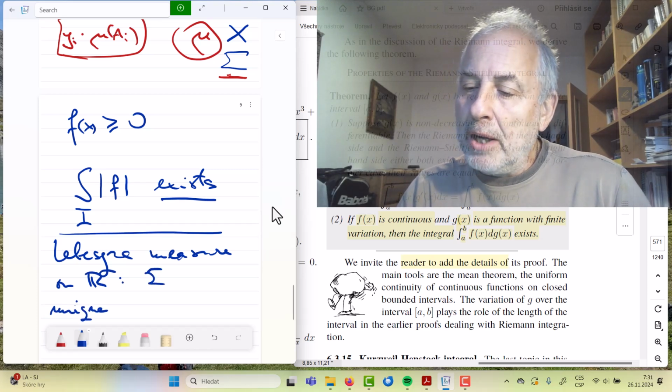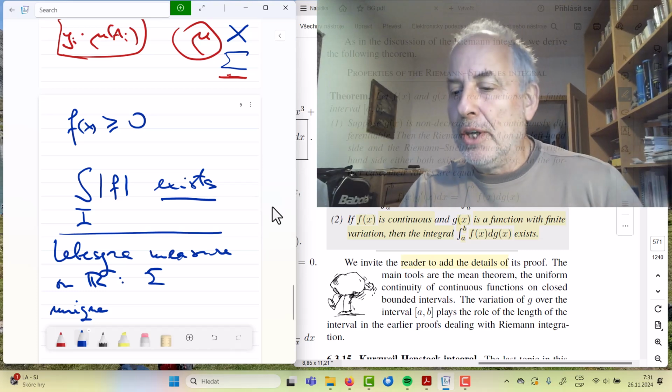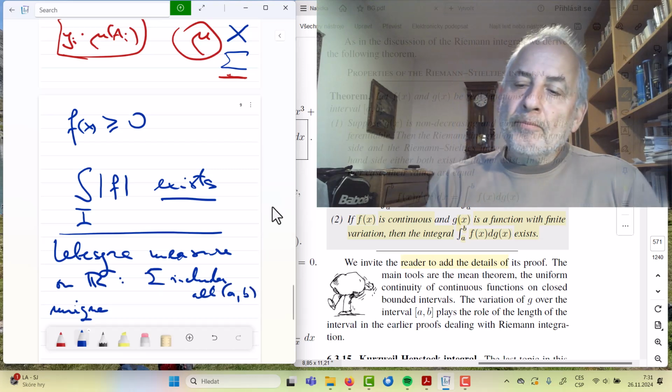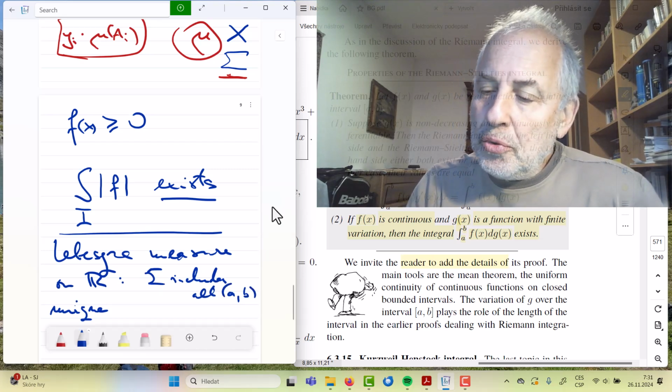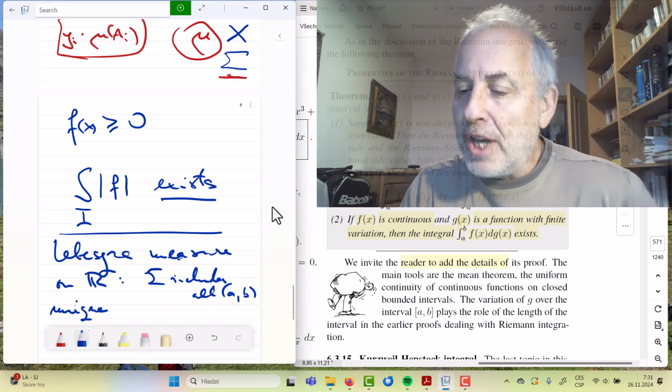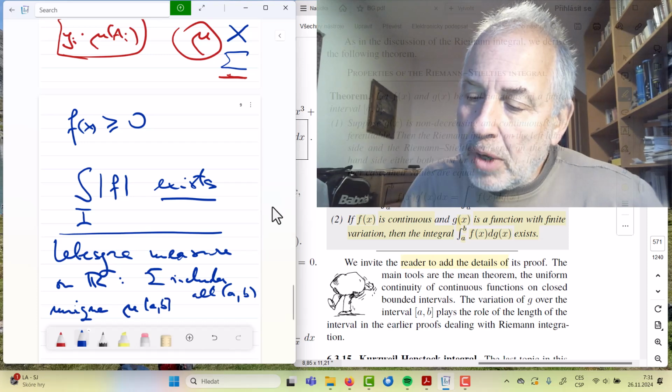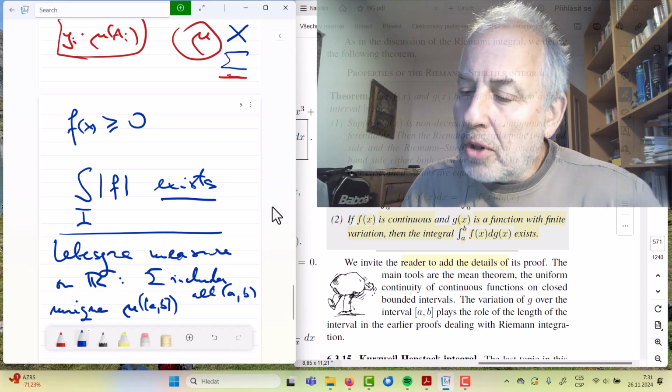Sigma is the smallest algebra of subsets that includes all intervals, and this is the unique measure which has the property that mu of an interval from a to b, it doesn't depend whether it's open or closed, is b minus a, right?